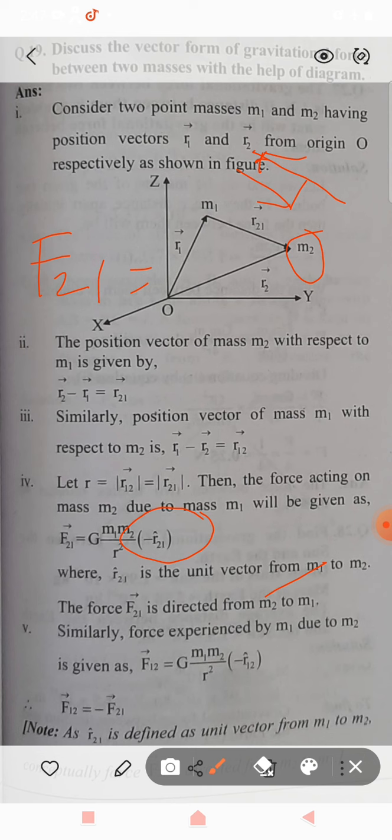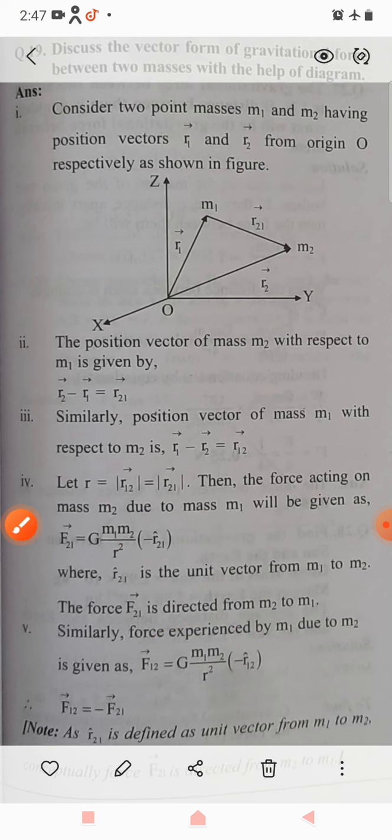Similarly, the force acting on the first particle due to the second can be expressed as F12 equals G m1 m2 upon r square. Now here the directional vector is from 1 to 2. So if we compare, we can observe that both the forces are equal in magnitude and opposite in direction.